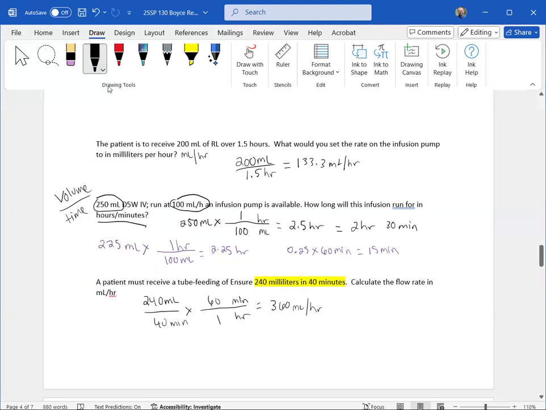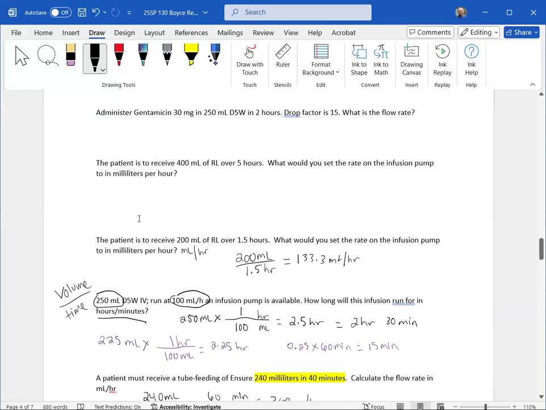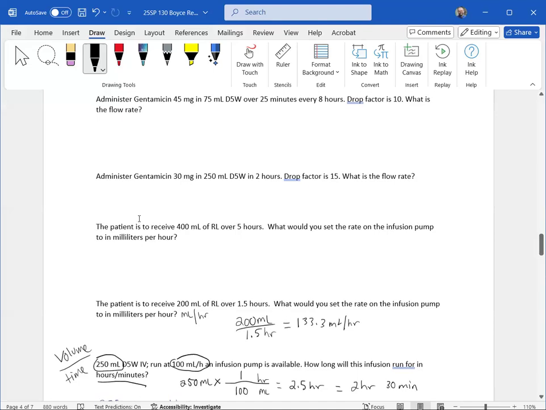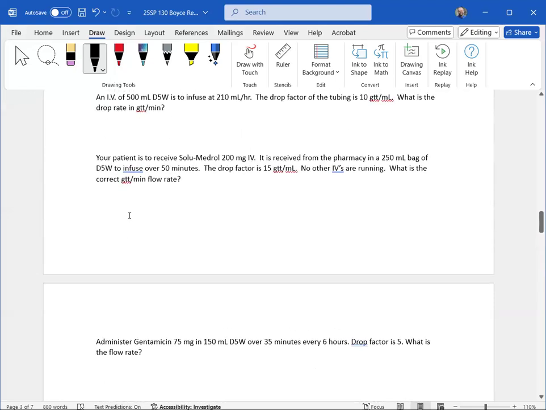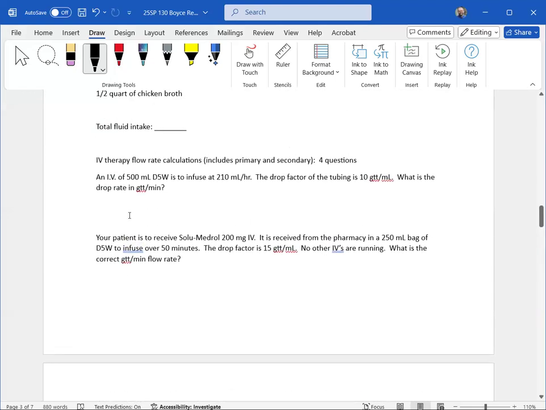Okay. Now, the next thing is you're also going to be introduced to what are called drop rates. Drop rates basically just mean that you're going to be given some information about the flow rate, and then it's going to ask you to calculate how many drops per minute, and that's called your drop rate.